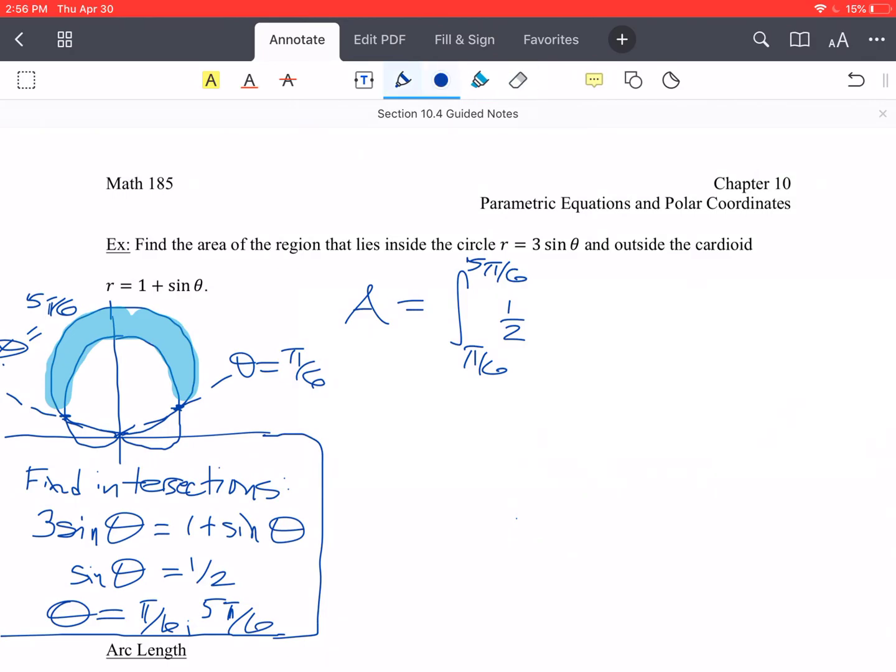So the outer function is the circle, so that one needs to come first. So that's going to be 3 sine theta squared minus the inner function, which is 1 plus sine theta squared d theta. Okay.